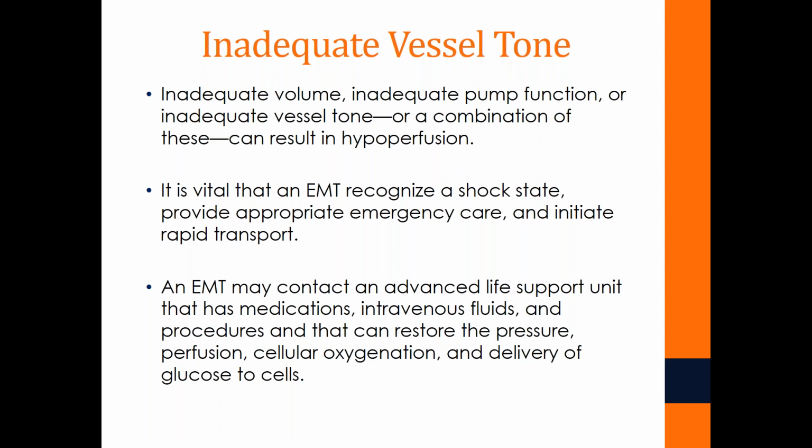We want to oxygenate because the problem is oxygen delivery at this point. The problem is the cells are hypoperfused, so they're not getting the oxygen they need to create energy. So we oxygenate. Our patient who we think is in shock, we're going to lay them flat on the stretcher. We want them laid out.